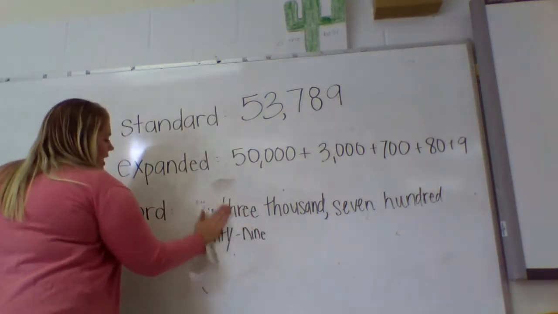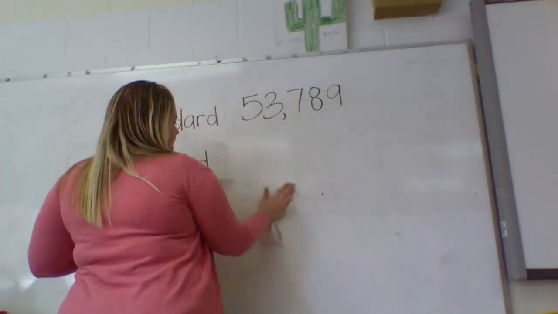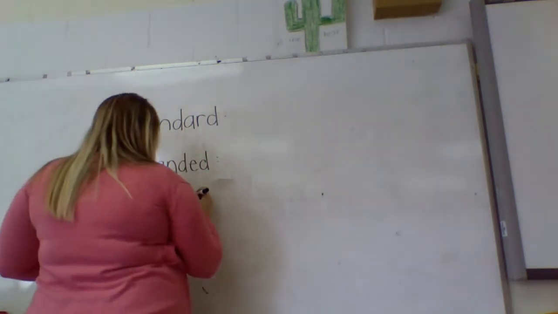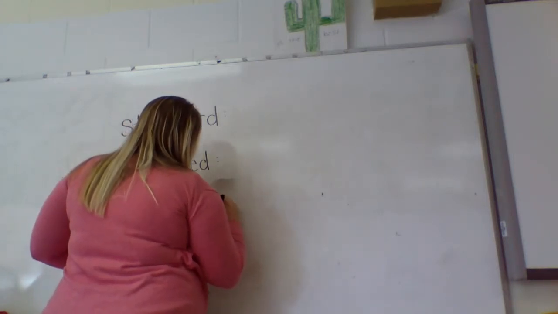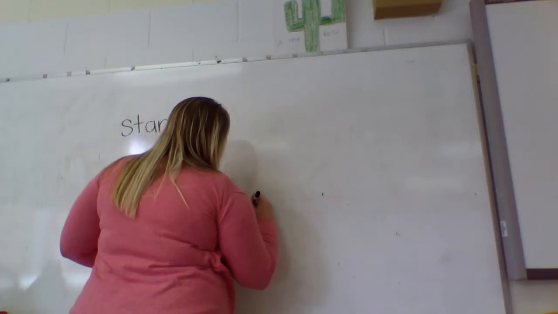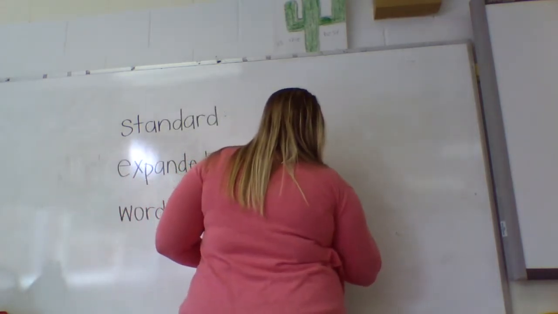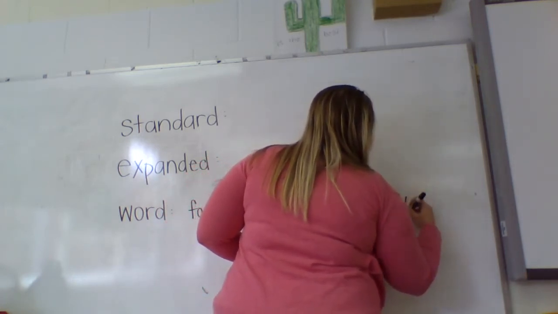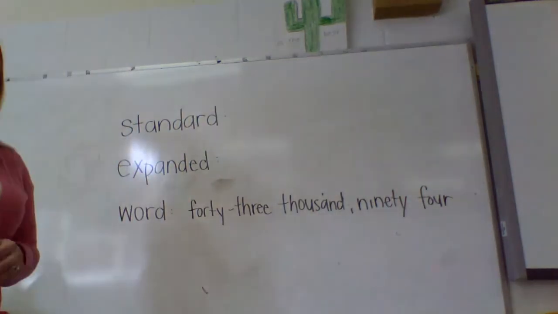Now, sometimes you'll get it in word form, and you'll have to figure out the other two, but I'm going to make this one a little tricky and see if we can figure it out. This number, forty-three thousand, ninety-four.